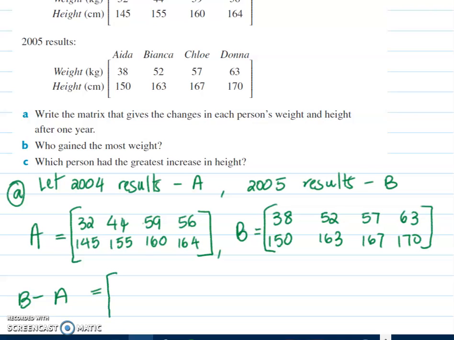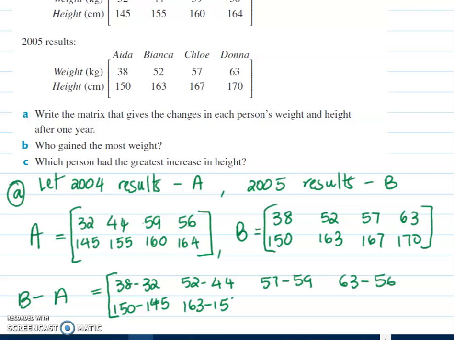okay, so which means that I'll go 38 take away 32, 52 take away 44, 57 take away 59, 63 take away 56, and then likewise do the same for our height, 155 take away 145, 163 take away 155, 167 take away 160, 170 take away 164.